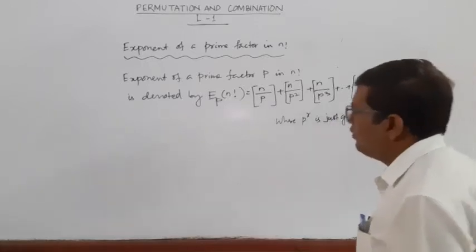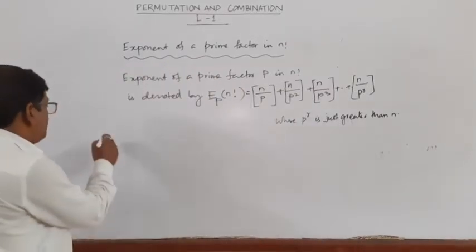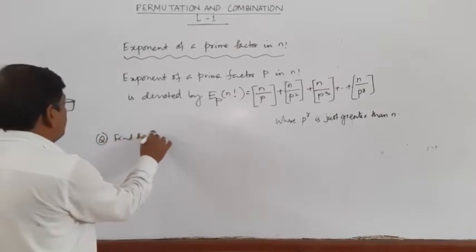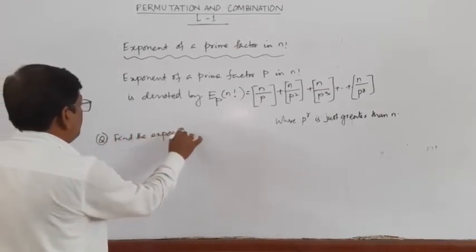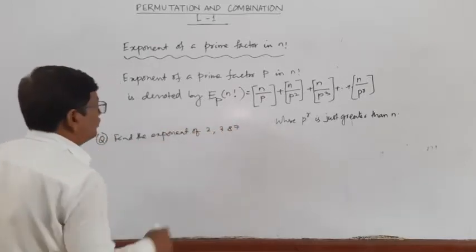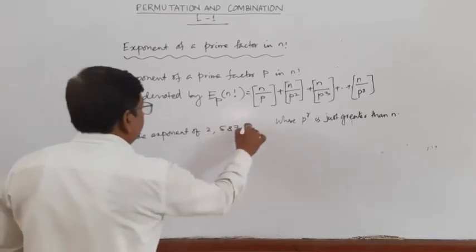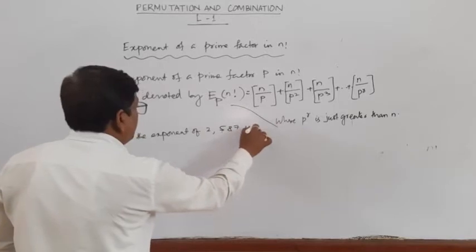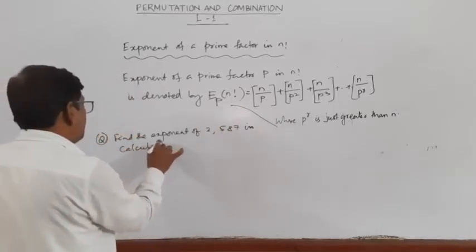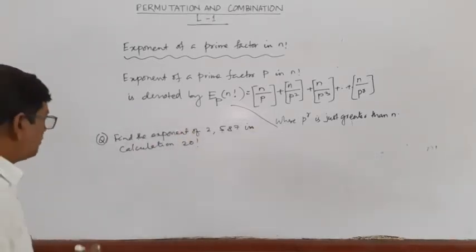One example. The question is: find the exponent of 2, 5 and 7 in the calculation of 20 factorial.